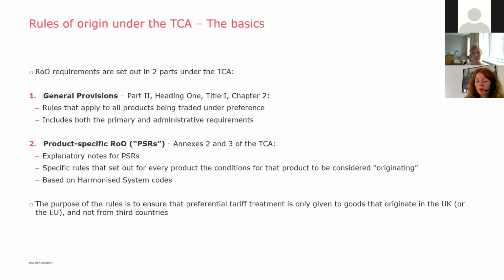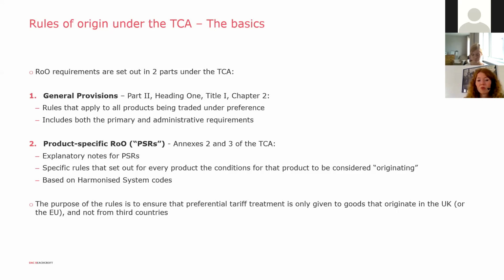So for example, what is meant by price, what is meant by value, how do you calculate this? All this is set out in the annex, and there are specific provisions for really literally every term that might be useful. Then looking into Annex 3, which sets out the specific rules for every product and the conditions for that product to be considered originating.